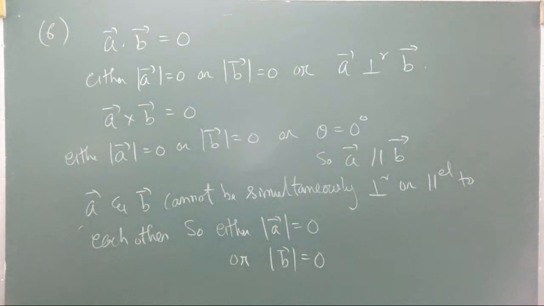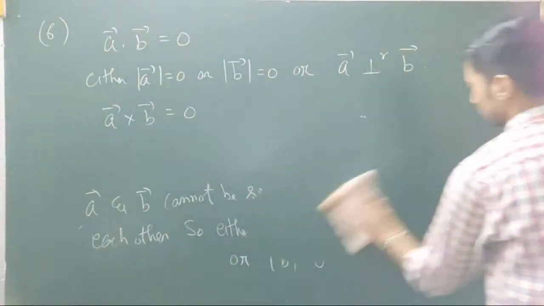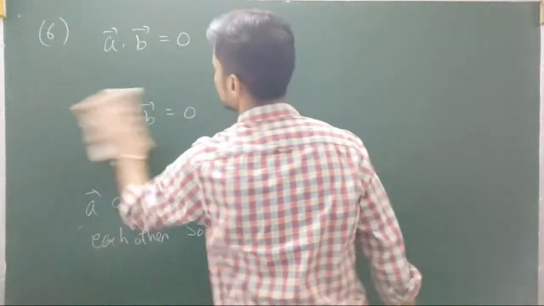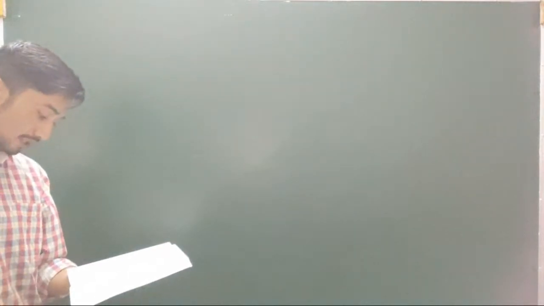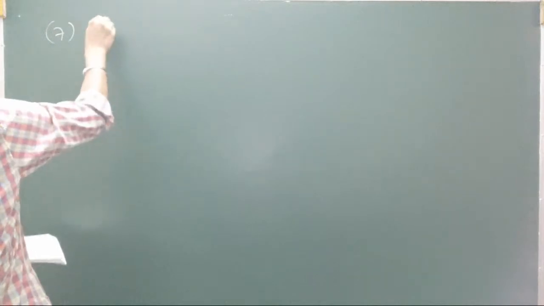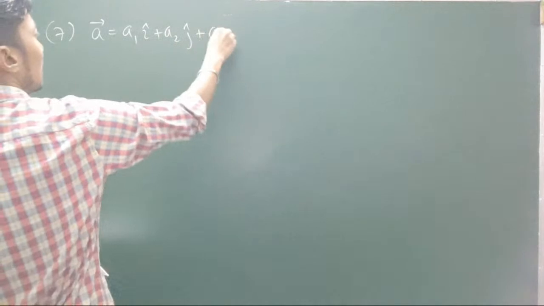Alright, then let's go to number 7. Let the vectors A, B and C be given as, it's already given. Anyway, I'll just write A1 i, A2 j, A3 k.